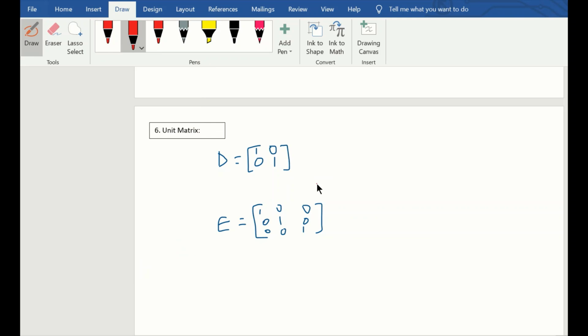Now, what are unit matrices? A unit matrix is a matrix in which the elements in the leading diagonal are equal to 1. In this case, we are saying that all other elements are 0, but the elements in the leading diagonal are 1. So that is a unit matrix in which the leading diagonals are equal to 1.